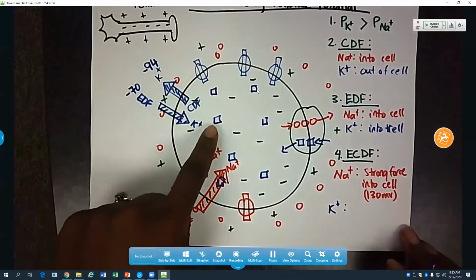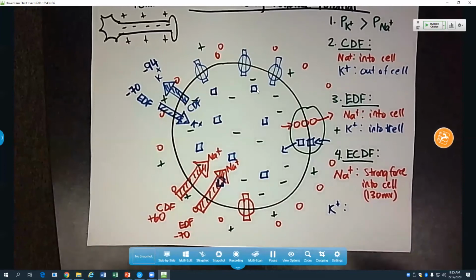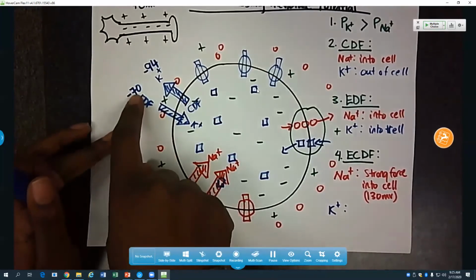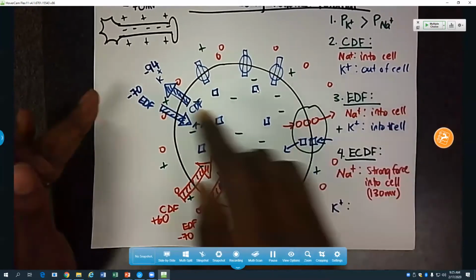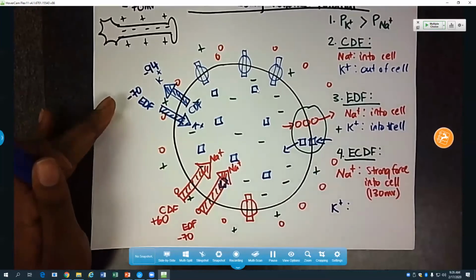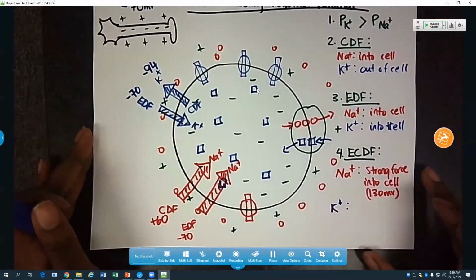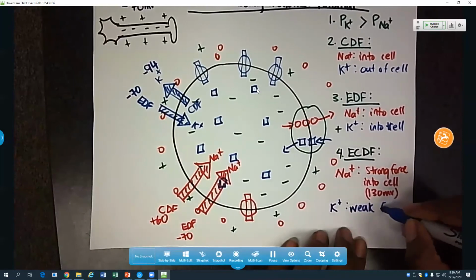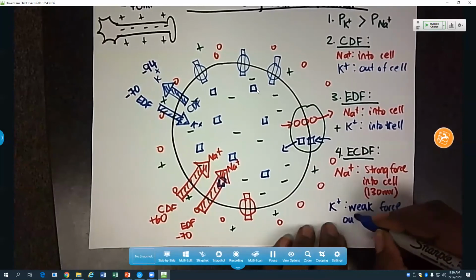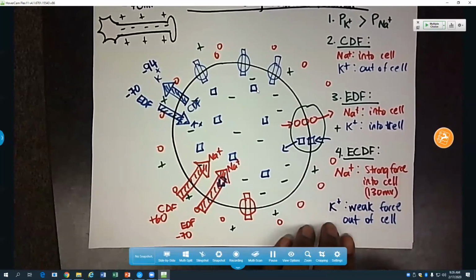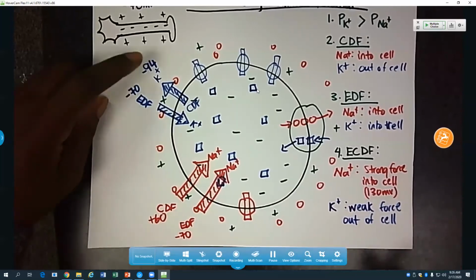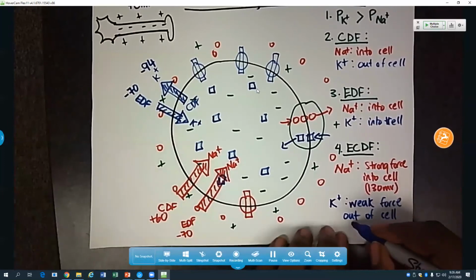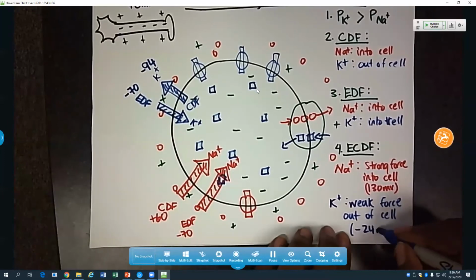Okay, so this is going to be out of the cell, but we're going to subtract out the membrane potential, which is representing the electrical driving force. And so we get a weak force out of the cell. Okay, and if we subtract that negative 70 from negative 94, we get negative 24, or a change in 24 millivolts.